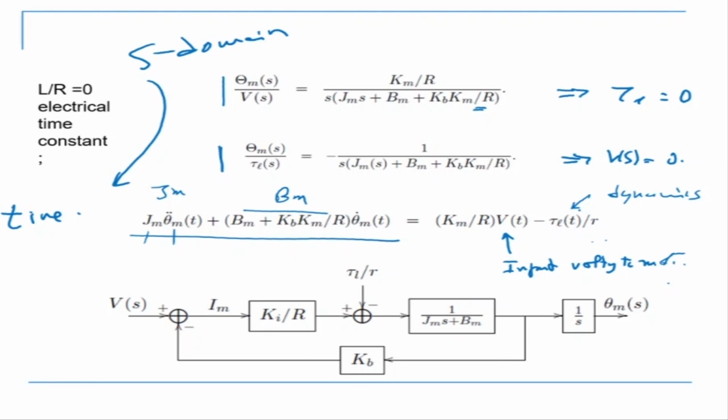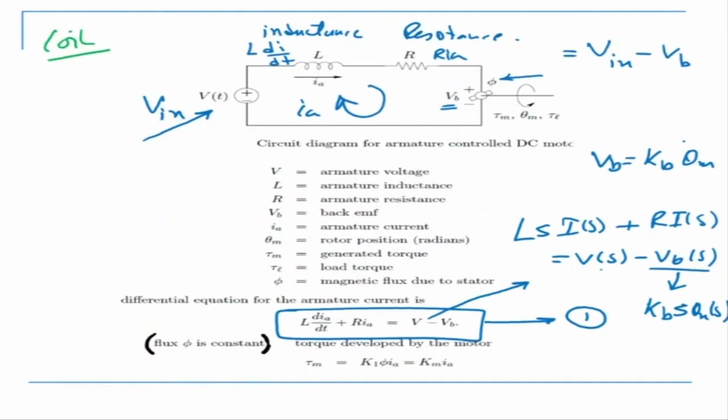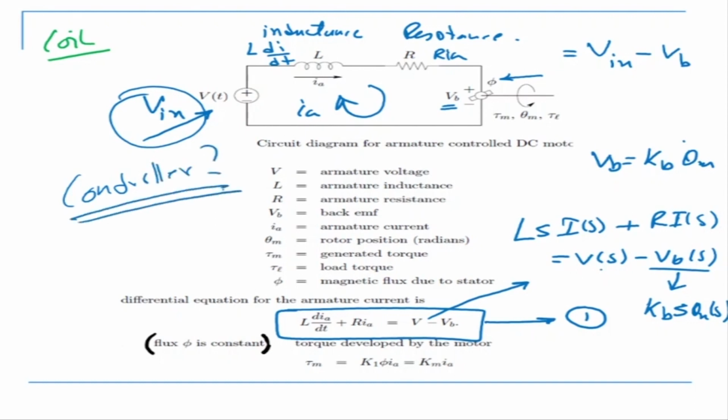When we say design a controller, what is the controller doing? The controller is going to decide how much voltage goes to the motor, to get the motor to a desired position.